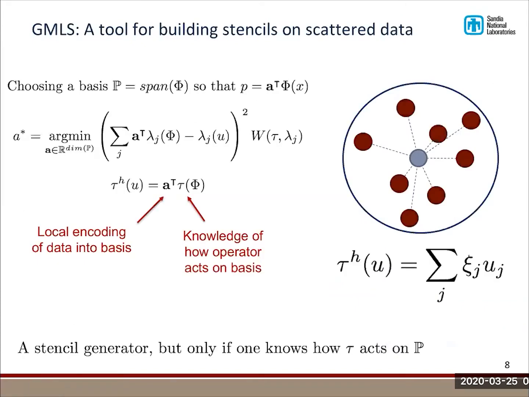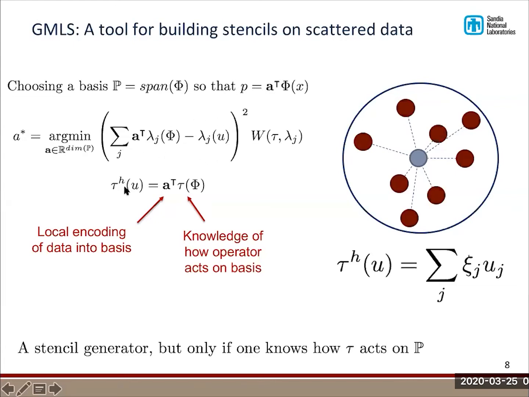So what that gives you is a tool for building stencils on scattered data. For your reconstruction space, if you pick a basis, bold phi here, then P can be written as a combination of this coefficient vector A and that basis vector. You can rewrite the reconstruction problem as finding the optimal coefficient vector that best fits your basis locally to your data.